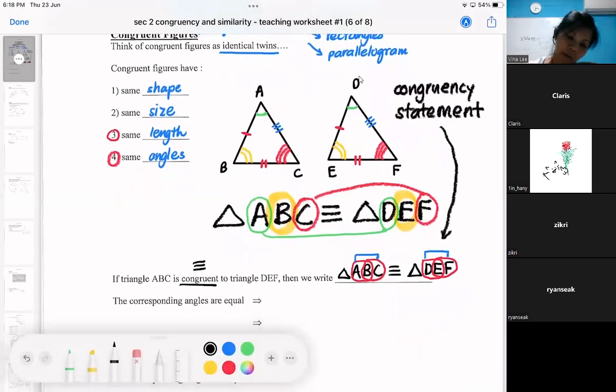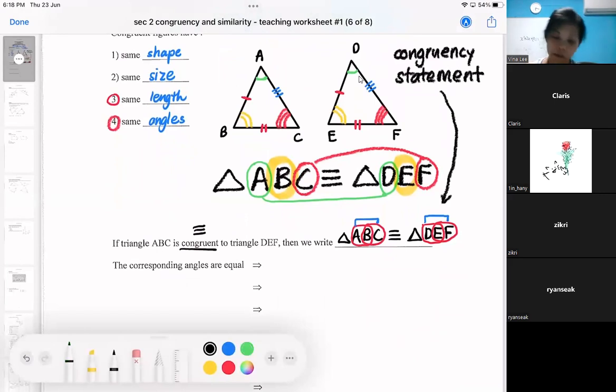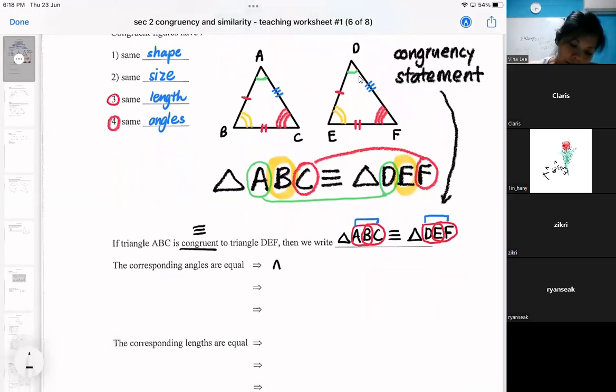Whatever we try to match, we can actually put it in words. Angle A matches with angle D. Angle B matches with angle E. Angle C is going to match with angle F. Most people find this quite easy. Keep matching the length, keep matching the angle.